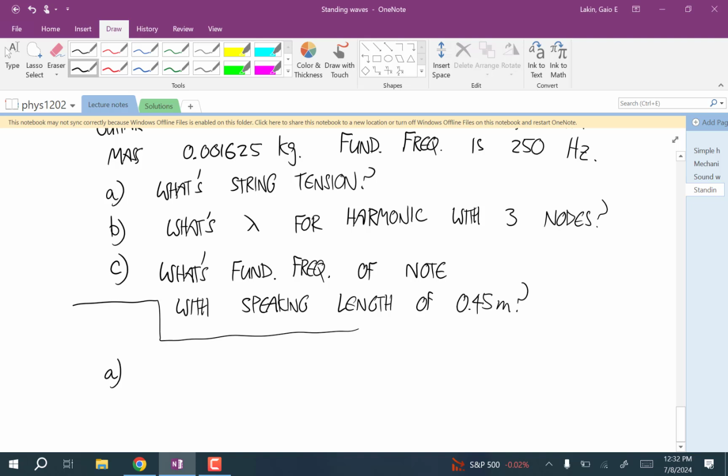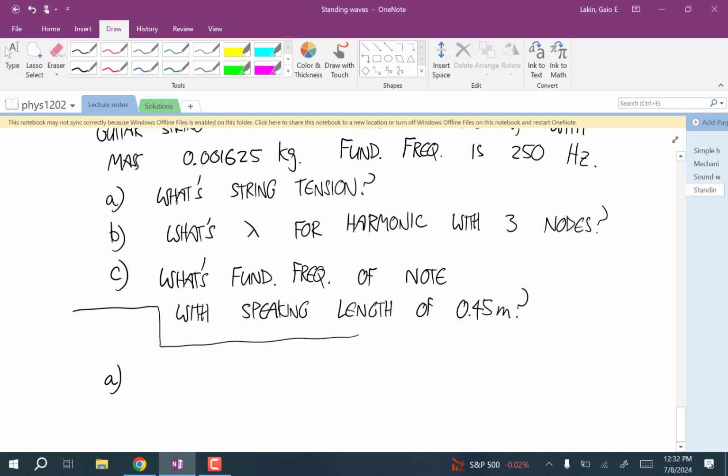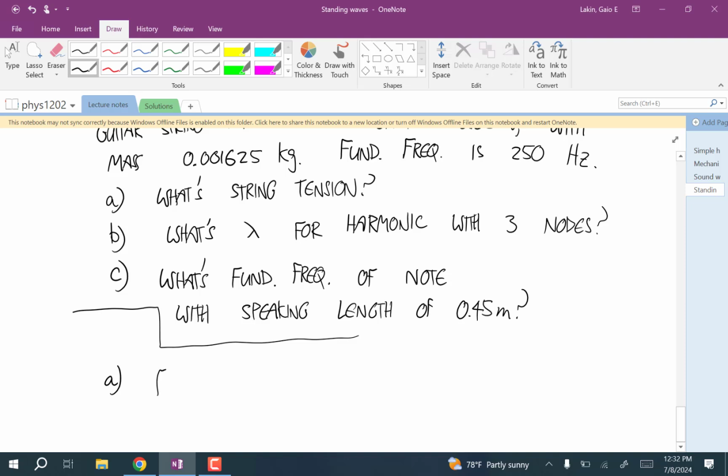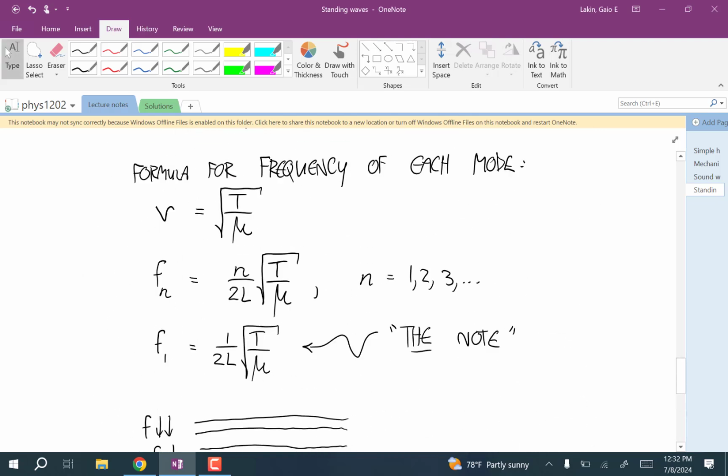Okay, so first of all, to find the string tension, we know that the fundamental frequency of this string is 250 hertz. So we're going to say this fundamental frequency of 250, and then set that equal to the formula for the fundamental frequency. Remember, here is the formula for the frequency of all the modes.